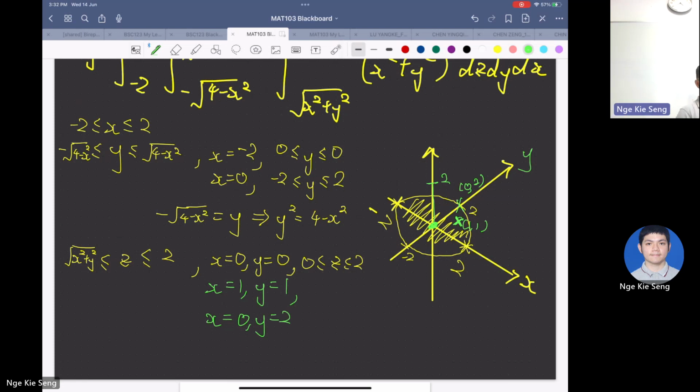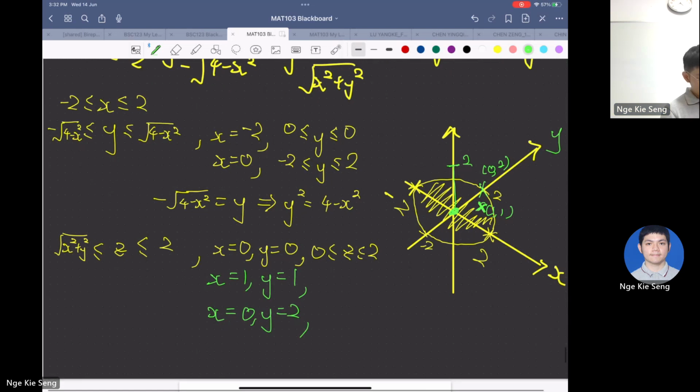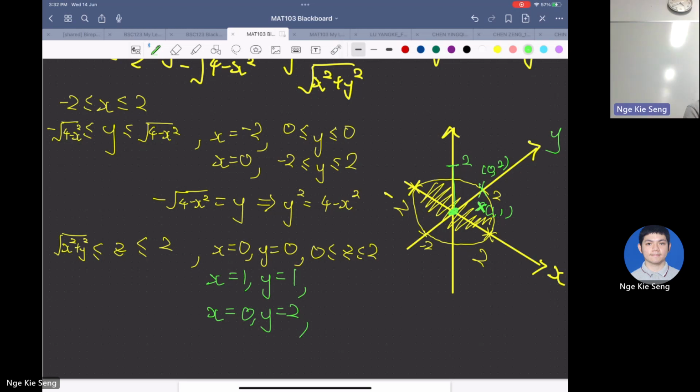Let's try these two points. At 1 1, what is Z bounded by? Bounded below by square root 2, bounded above by 2.